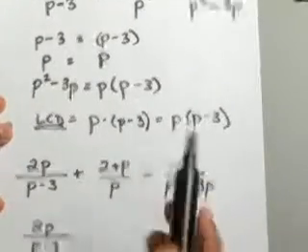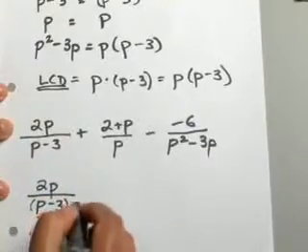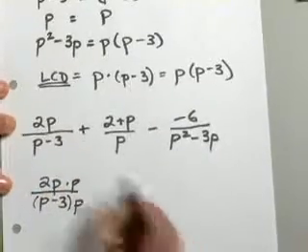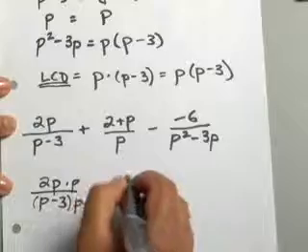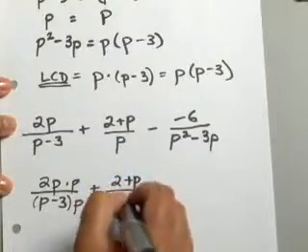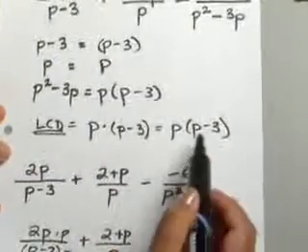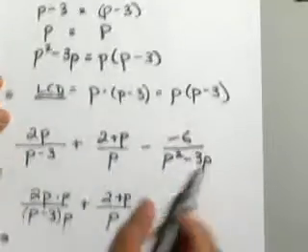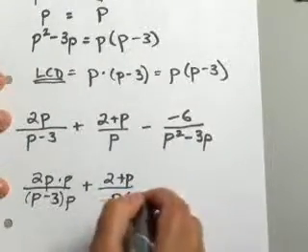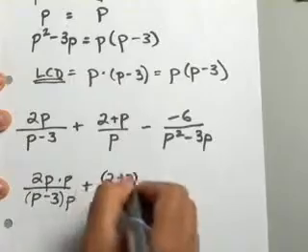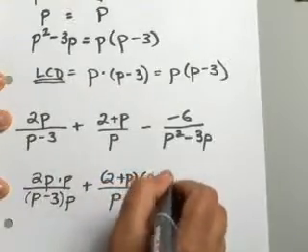The only thing missing is a p. So we multiply our first expression by p. Okay. Looking at our second expression, your denominator is p, so you're missing p minus 3. So we'll multiply the second expression by p minus 3.